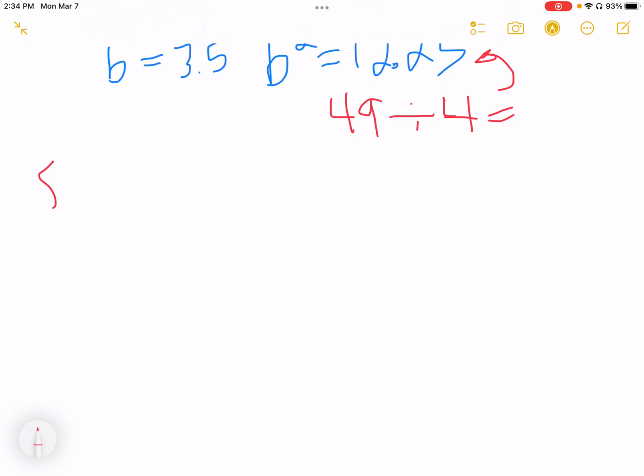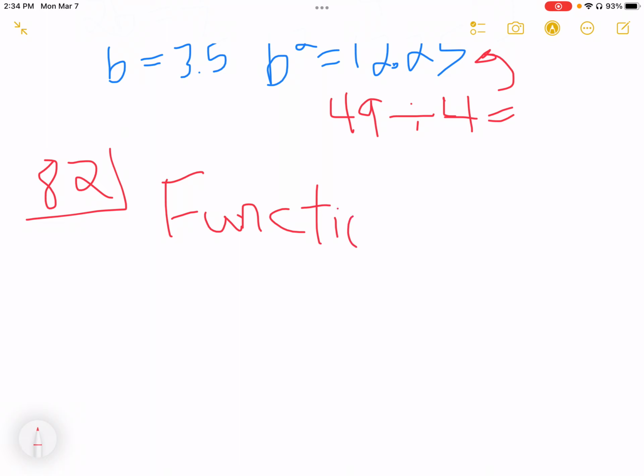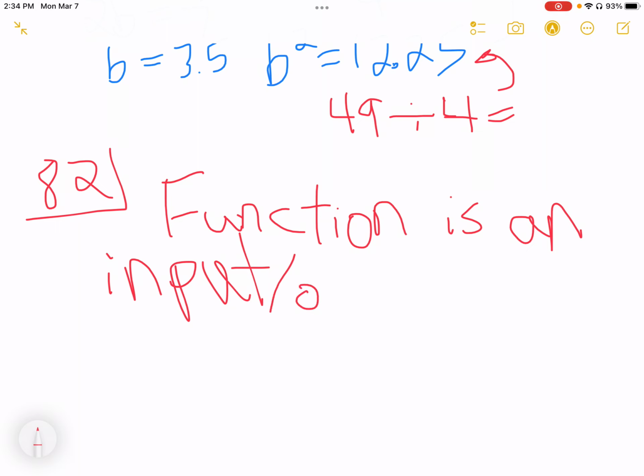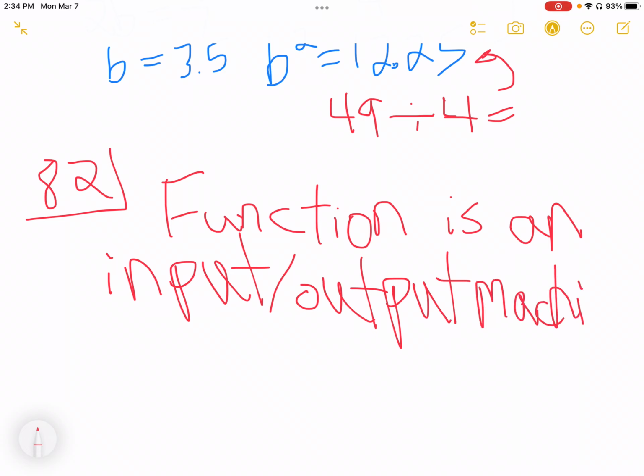So we could say simply a function is an input-output machine. Okay, you put something in, you get something out. It's not always easy to write with this pen here.